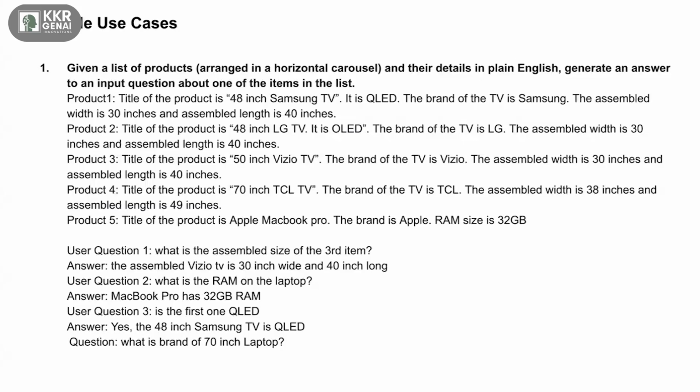It is QLED, OLED, and the brand equal to anything that starts with the brand. The size should be something that starts with a width and a length, something like that. And then you extract this pattern, and then frame a question from that.